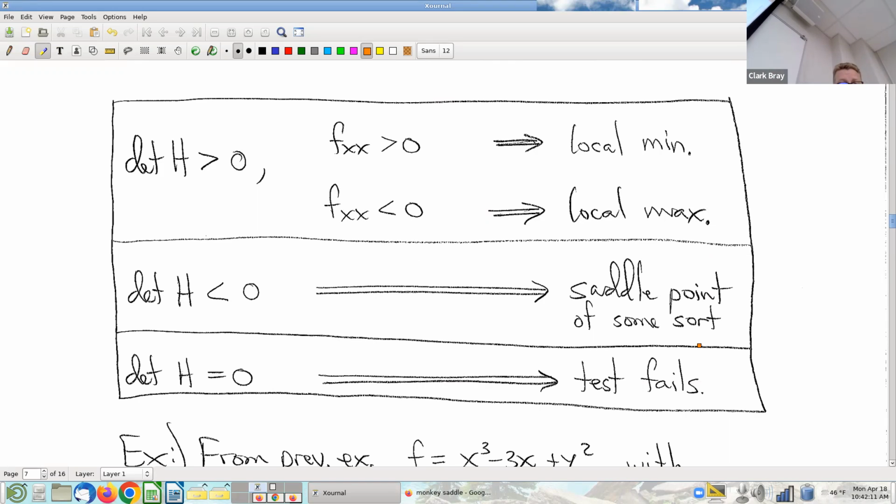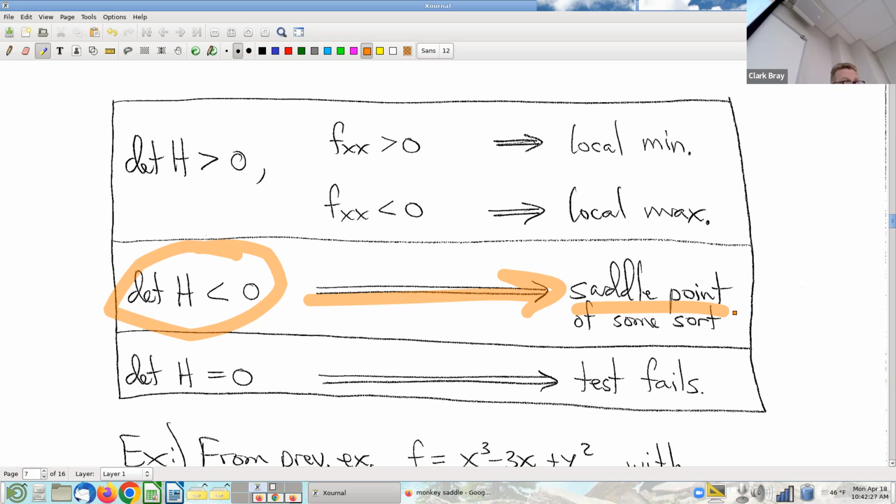I'm going to start in the middle here with what I'm going to call the easy part. And that is, if the determinant is negative, game over. You've got a saddle point. It could not possibly be positive definite nor negative definite if the determinant is negative.